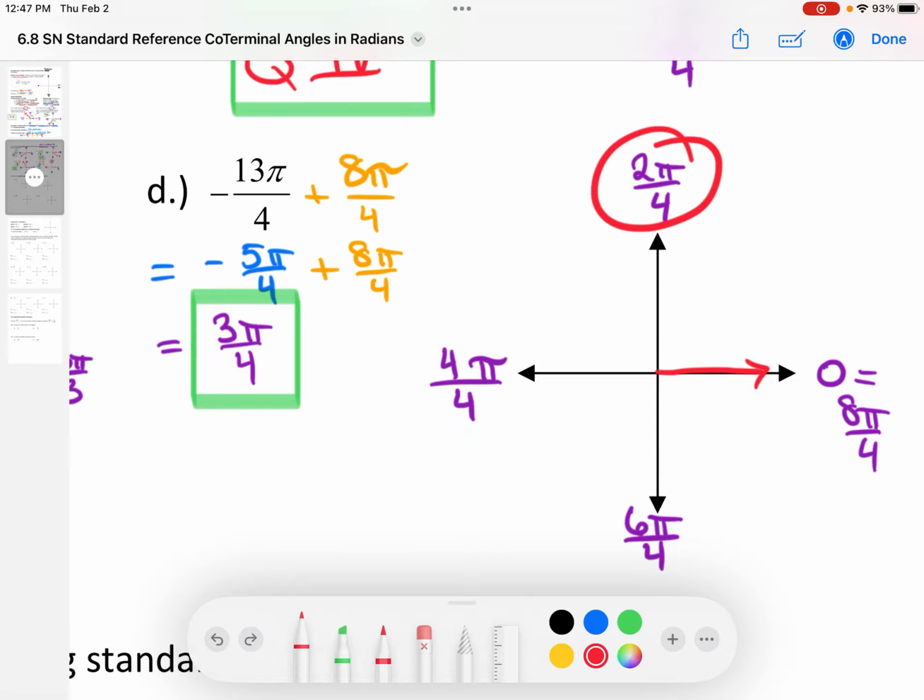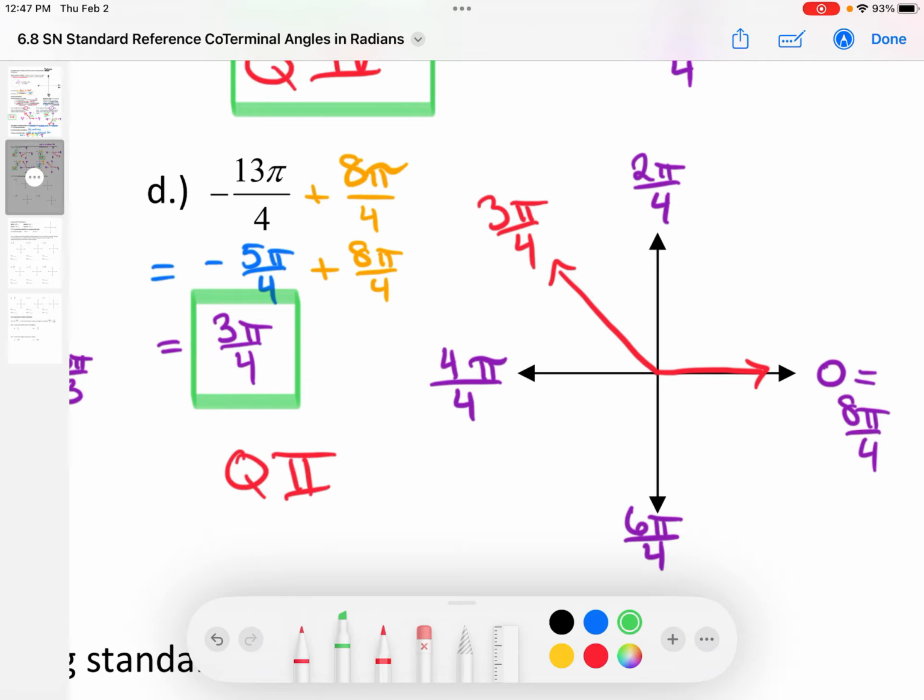It's going to be between 2 and 4. So it's going to be halfway in quadrant 1. And there is 3 pi over 4. I meant quadrant 2. So these are your coterminal angles in terms of radians.